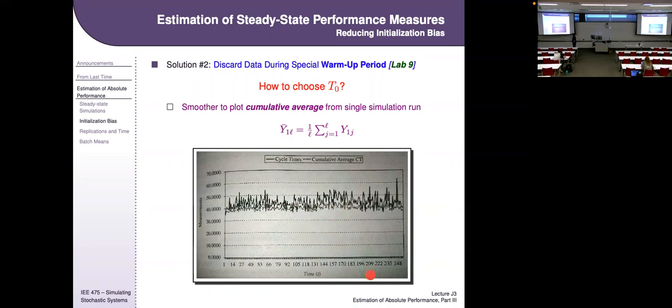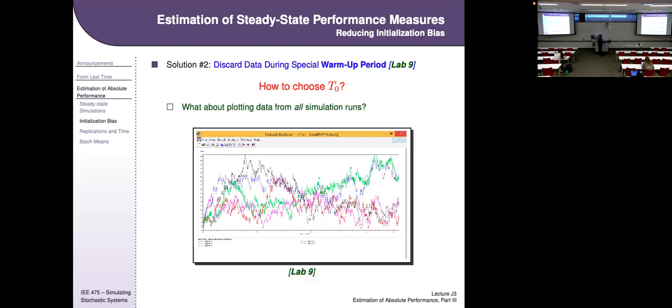In this portion you can see the separation between them, and the cumulative average has far less variance. When I look at the cumulative average, I see a little bit of a rise, and then things are pretty much the same after a particular point. Maybe that point is where I call the end of my initialization period. Still not very satisfying, but we're at least getting a little bit closer.